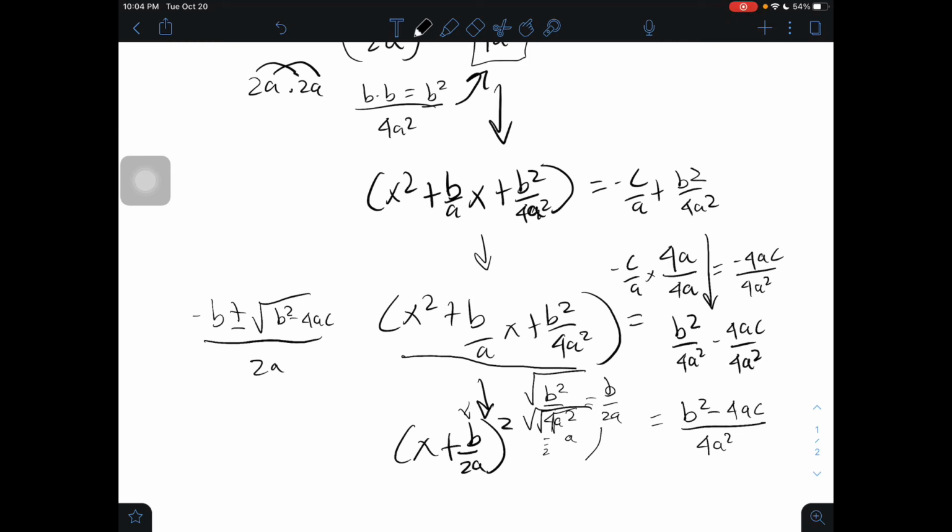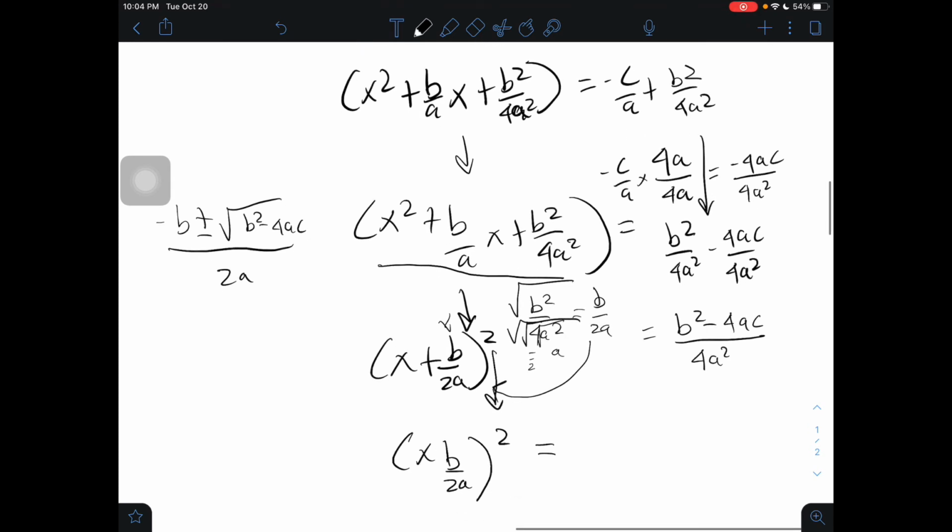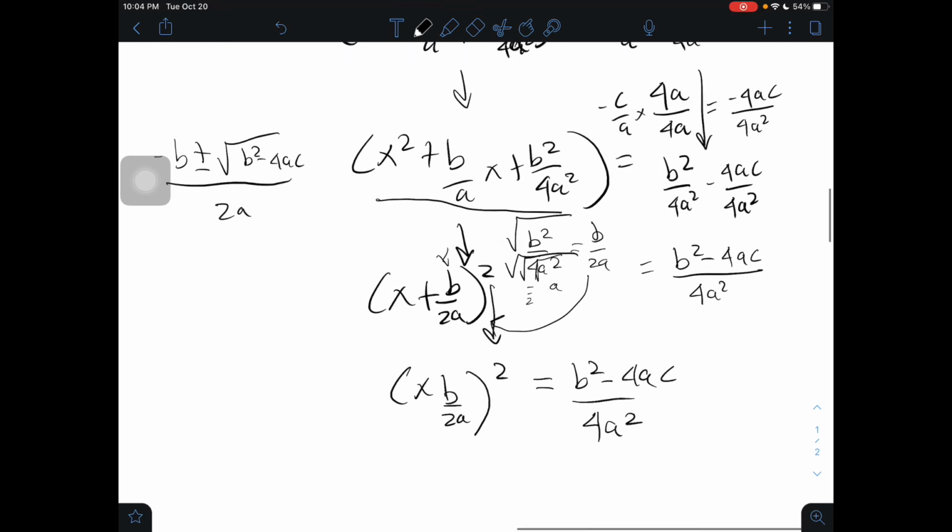So that gives us b over 2a. So now we have x plus b over 2a, and remember, we're going to square it, and that is going to be equal to b squared minus 4ac over 4a squared.